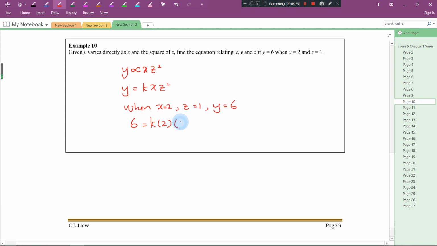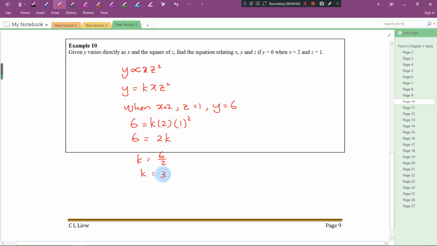Z is equal to 1. And we have a square over here. But 1 squared is still the same, still equal to 1. Okay, so 6 is equal to 2k. 1 squared is equal to 1. 2 times 1 we will get 2. So 2k. So k will be equal to 6 over 2. K is equal to 3.